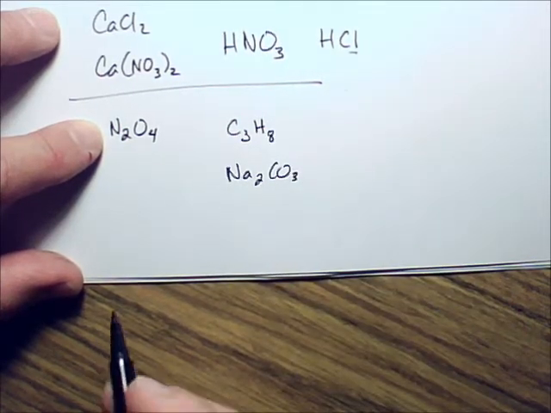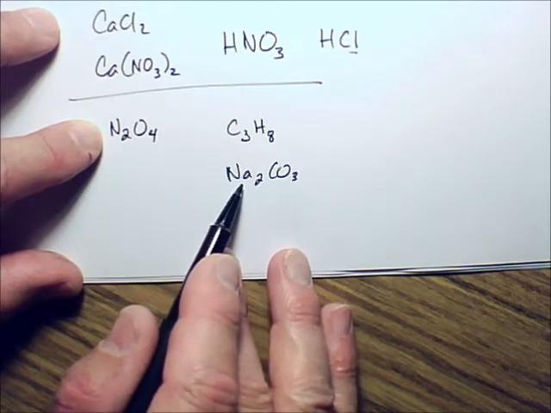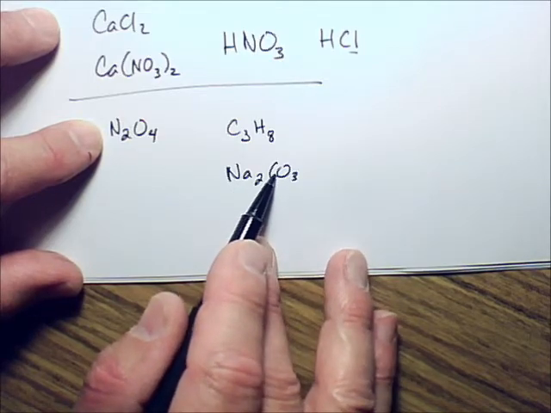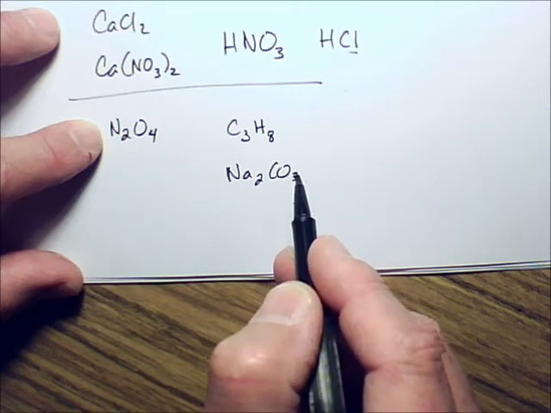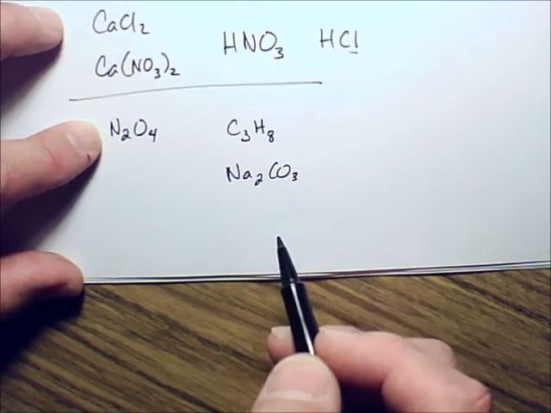So there's only one carbon around in this formula, but it's not just non-metals, is it? So this is not going to be organic, even though there's a carbon there. This is actually a polyatomic ion right here. And there are a lot of polyatomic ions that contain carbon, so you have to be a little bit careful about that.